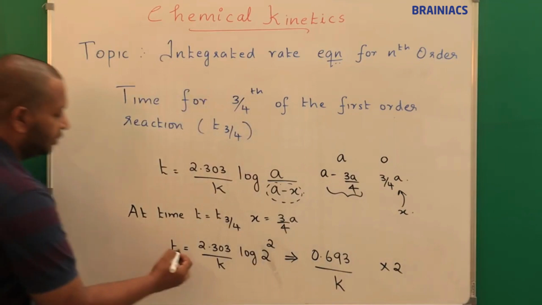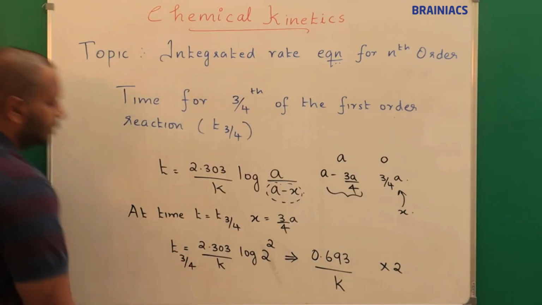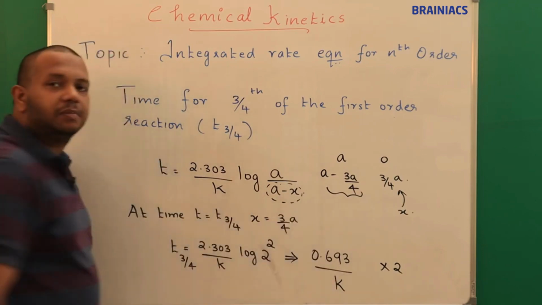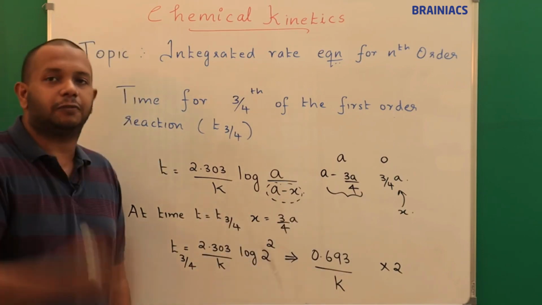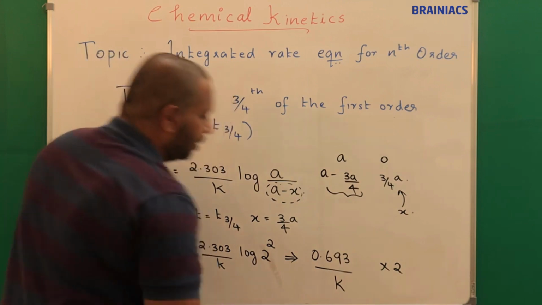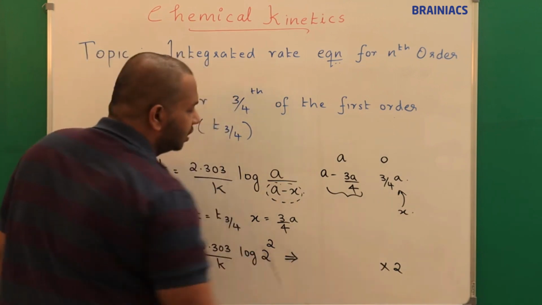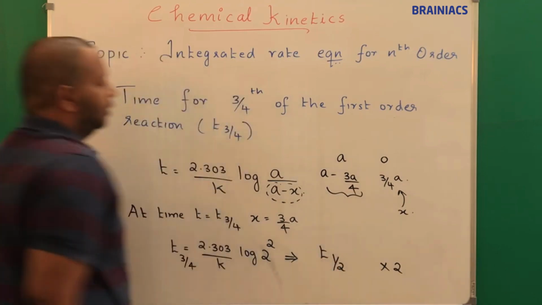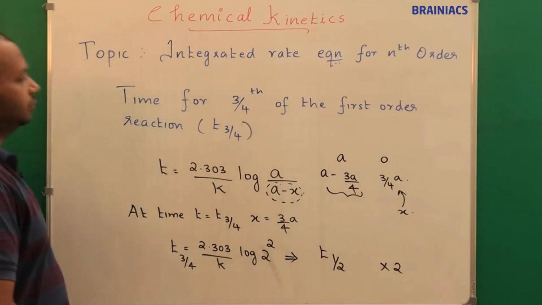Correct? So this is T3 by 4. So what does that mean? We already know 0.693 divided by k is T half of a first order reaction. So I can now replace this with T half.